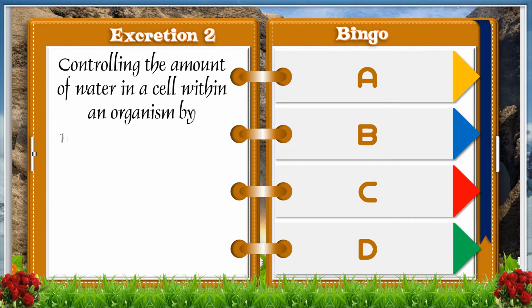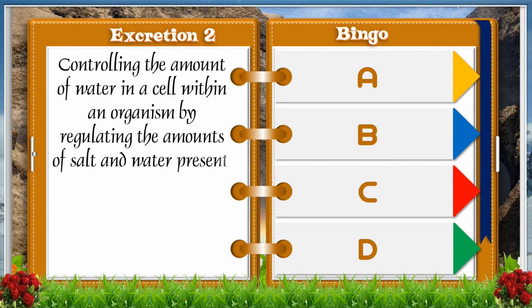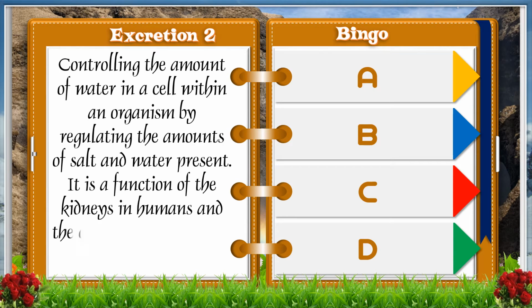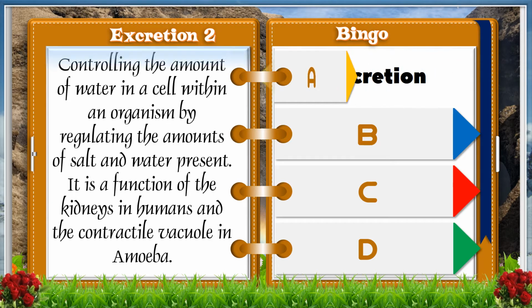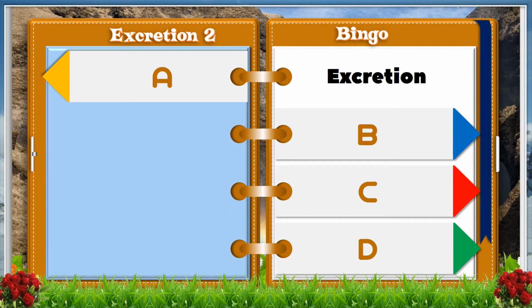Controlling the amount of water in a cell within an organism by regulating the amount of salt and water present. It is a function of the kidneys in humans and the contractile vacuole in amoeba. A. Excretion.